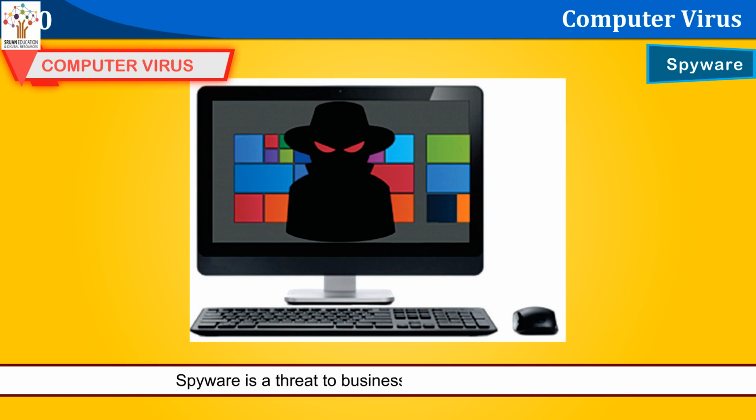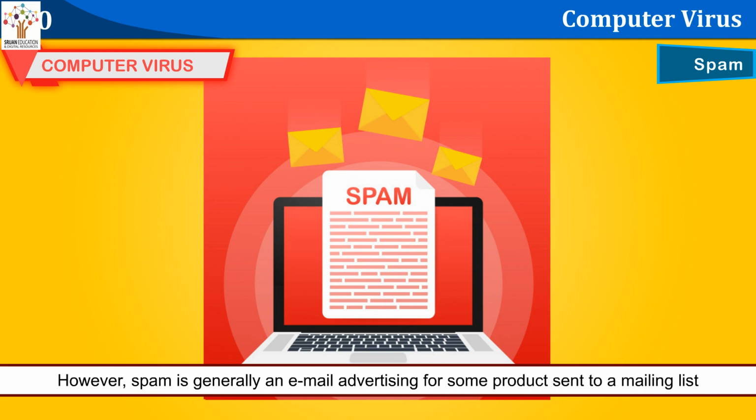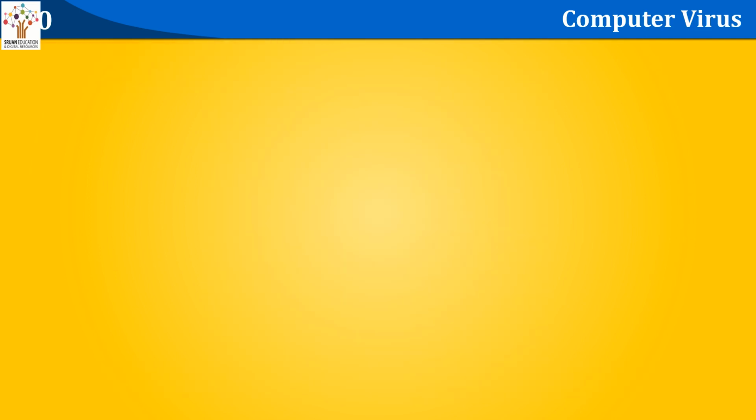Spyware is a threat to businesses and individual users as it can take sensitive information and harm your network. Spam. Spam is electronic junk mail or any unsolicited or undesired email. However, spam is generally an email advertising for some product sent to a mailing list or news group.